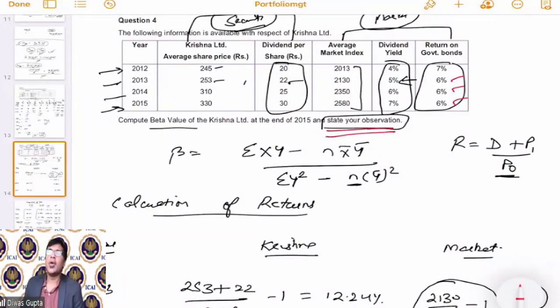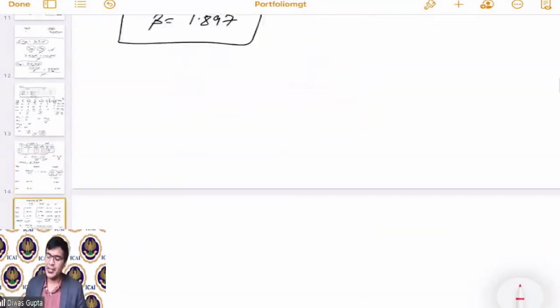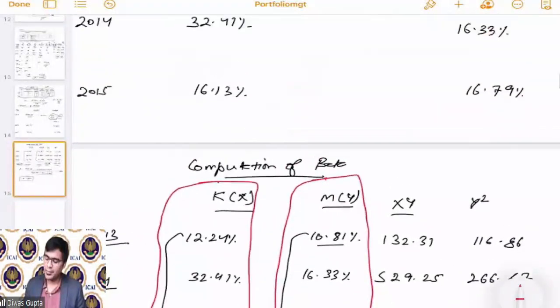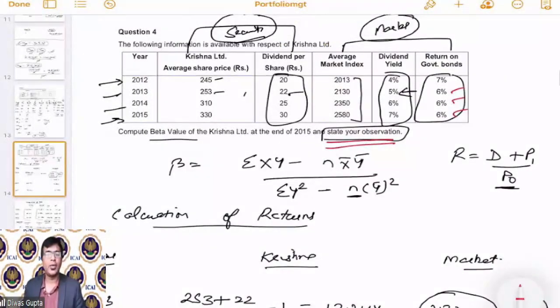So students, now we have also studied Jensen's alpha and we have also studied the capital asset pricing model. So this involves both of them. Now let us see how to evaluate this security, because they are asking us to state your observation after computing the beta value.